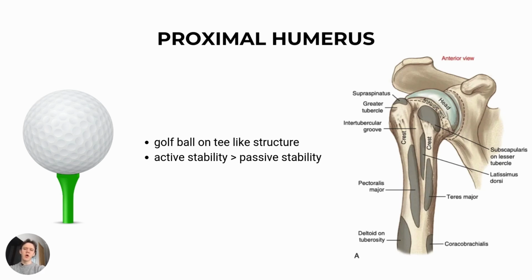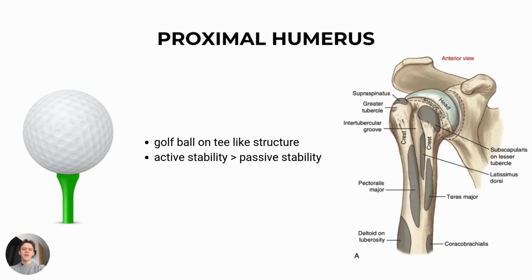I like the example of a golf ball on a tee so much as an analogy because it really explains how the shoulder joint relies on active muscular stability, because of the really small concave articular surface of the scapula and the relatively huge convex joint surface of the humeral head. So we can conclude that the shoulder relies on our muscles, which we need to train, some of which I have just mentioned in the scapular part of the lecture.